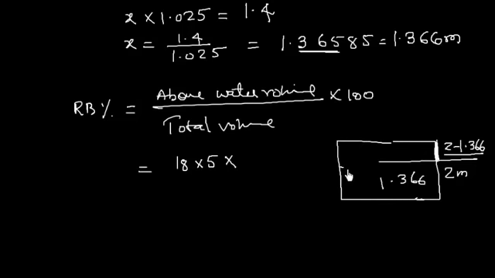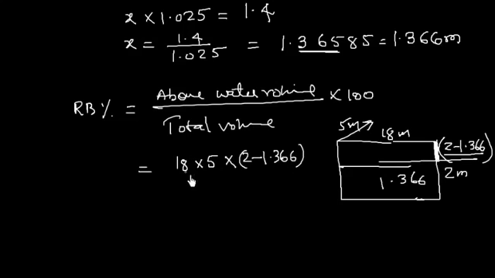The shape is like this: 18 meter this side, 5 meter this side, and this upper portion is 2 meter minus 1.366 meter, divided by total volume, and the total volume is 18 into 5 into 2, into 100.